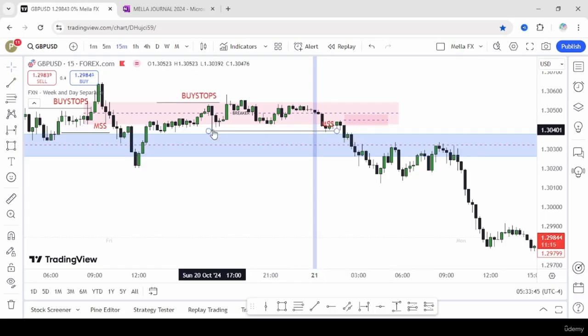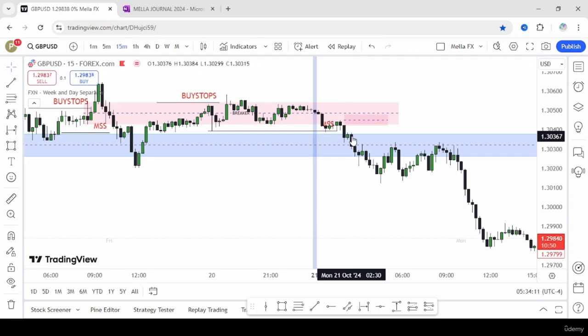And if not, it's still okay, because at this low, the low was at 1.30392. What was the high at this point? The high was 1.3038, and here 1.338. So it missed by 1 pip.